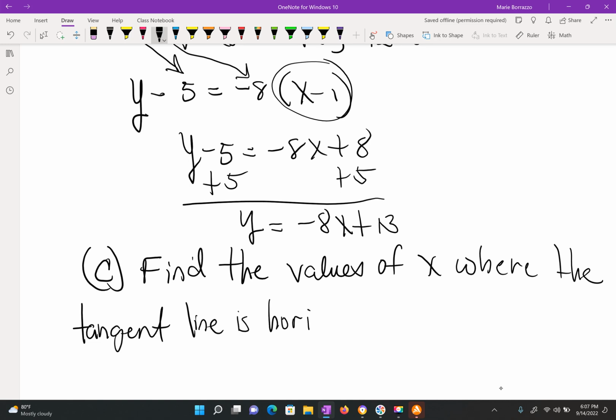And I've said this a few times in class, that if that tangent line or any line is horizontal, that slope is 0.